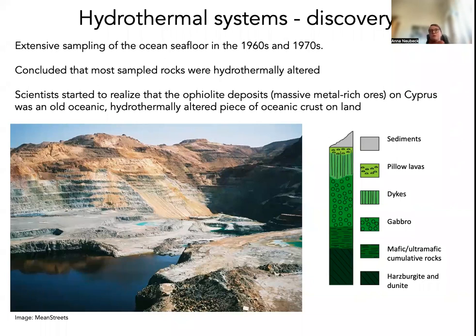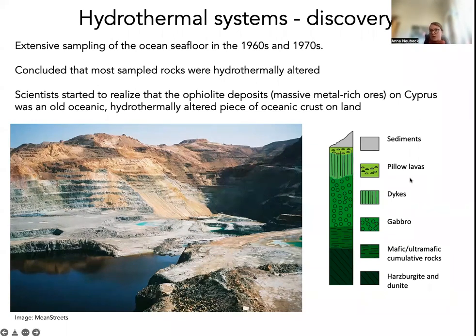And they started to realize that these deposits, which were very metal-rich ores in Cyprus, maybe were an old hydrothermally altered piece of oceanic crust that was on land. So they thought that this Cyprus suite of minerals were these ophiolite deposits that were old oceanic rocks.